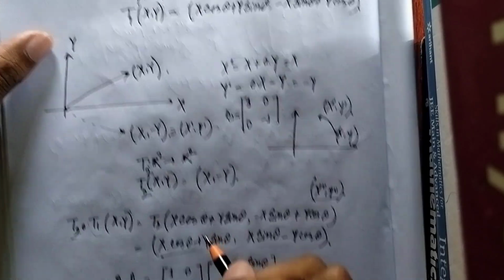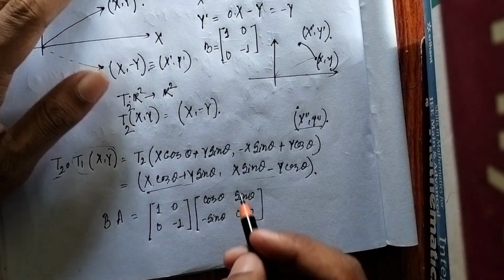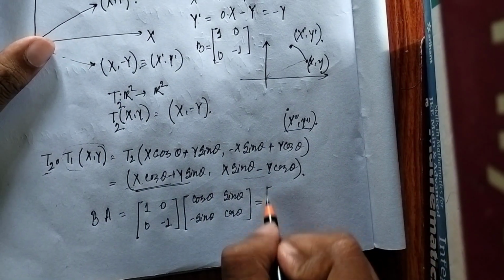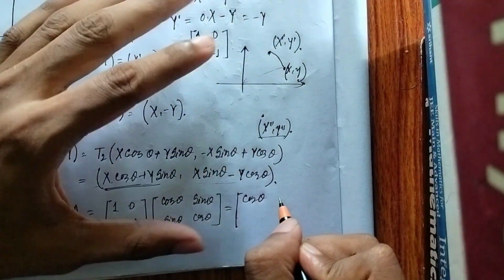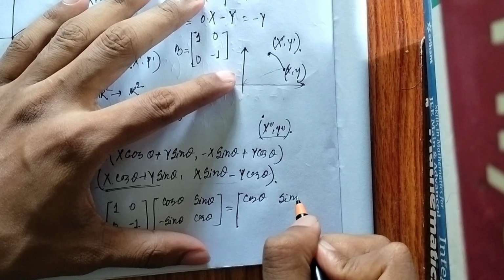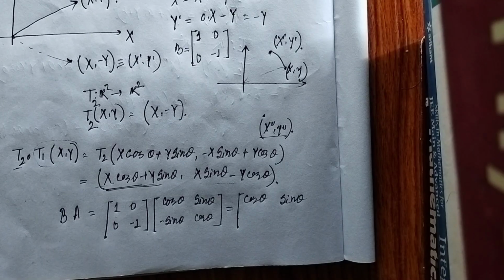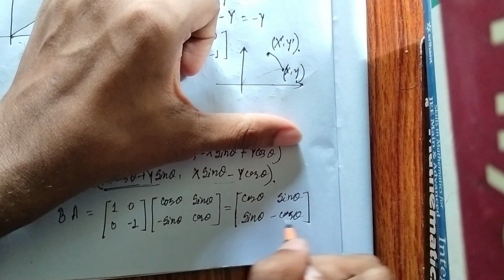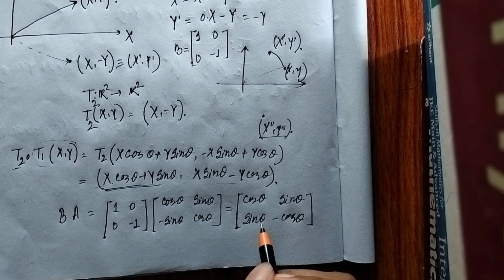If we define the multiplication of two boxes like the composition, we end up with this: cos theta, sin theta in the first row, and sin theta, minus cos theta in the second.